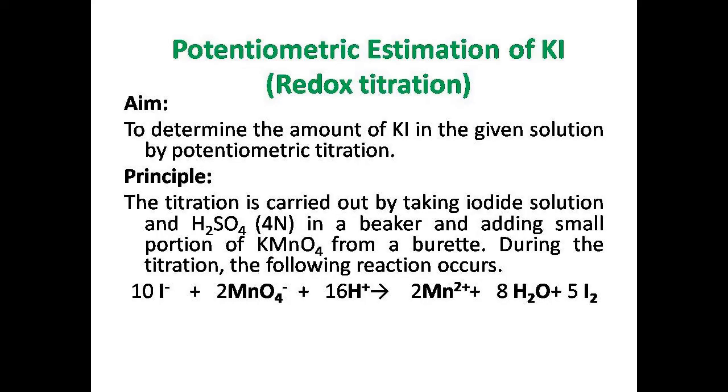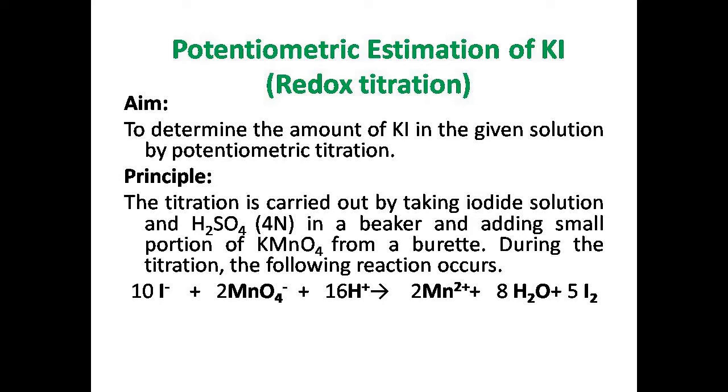Specifically, we are going to discuss the potentiometric estimation of potassium iodide, based on the chemical principle of redox titration. The aim of this experiment is to determine the amount of potassium iodide in the whole of the given solution by potentiometric titration.